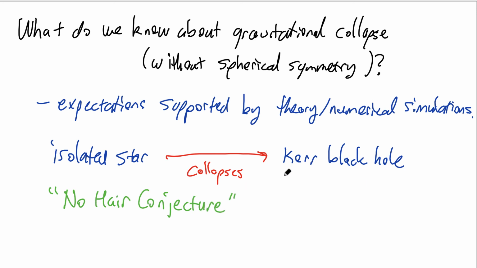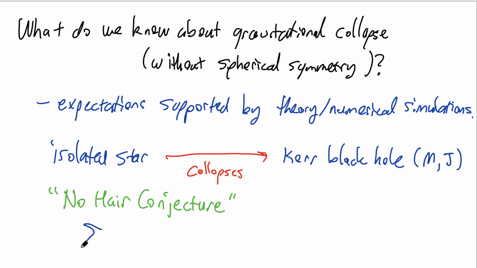And it's really quite remarkable. Remember, a Kerr black hole is characterized by just two parameters, the mass and the angular momentum. So this theorem is telling us that no matter how complicated the star might be initially, after it collapses, it's characterized by just two parameters, m and j.